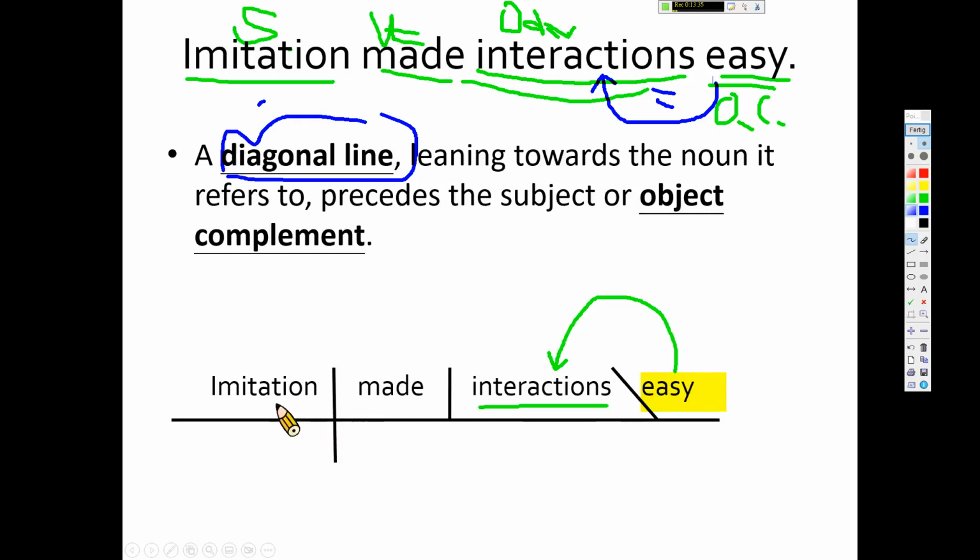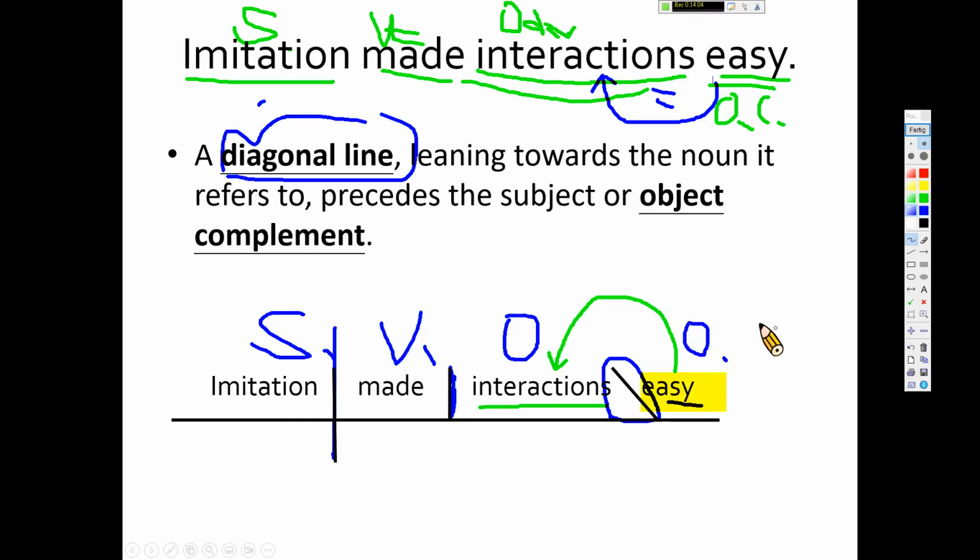So now let's see here. This is the subject, right? And we divide it with a vertical line to divide subject and verb. And here is the shorter vertical line used to divide verb and object, right? And we have a diagonal line indicating that something after it is an object complement.